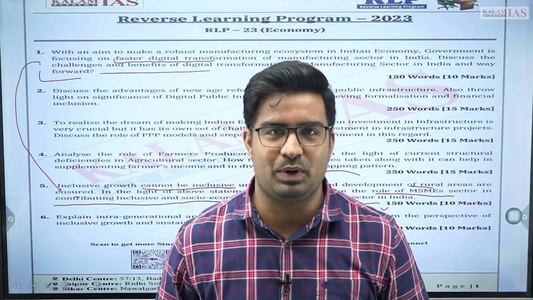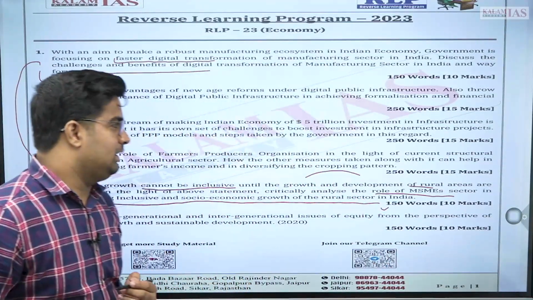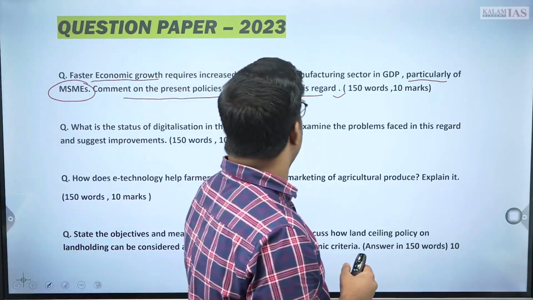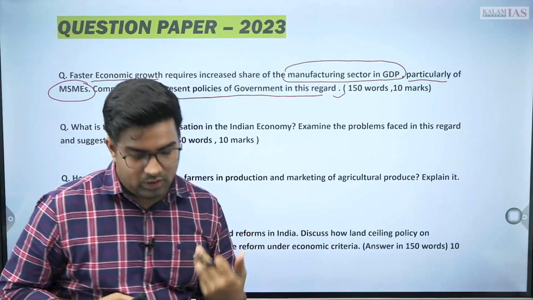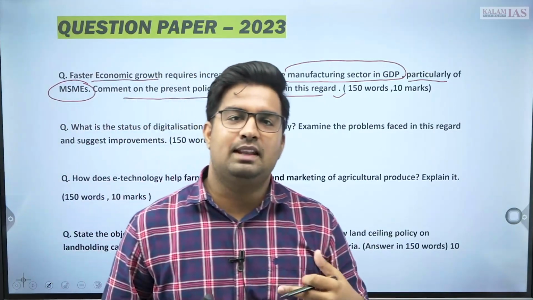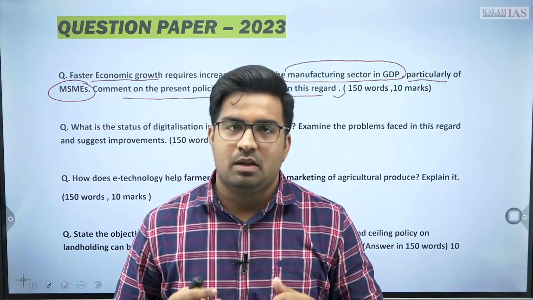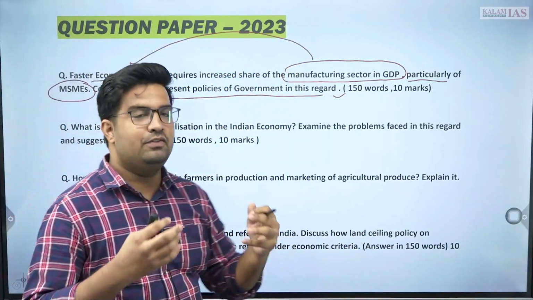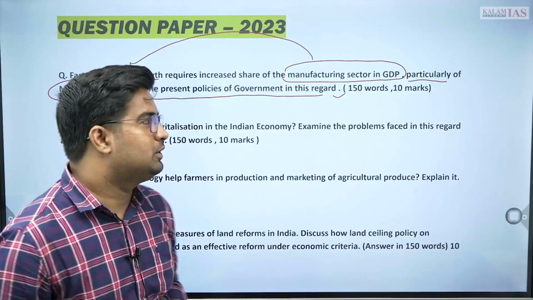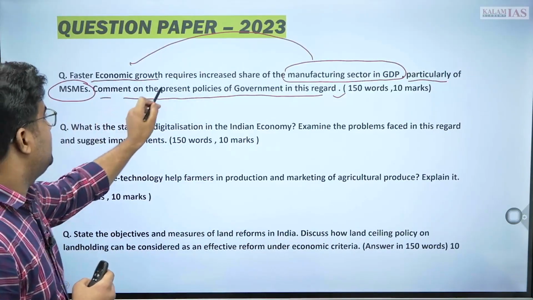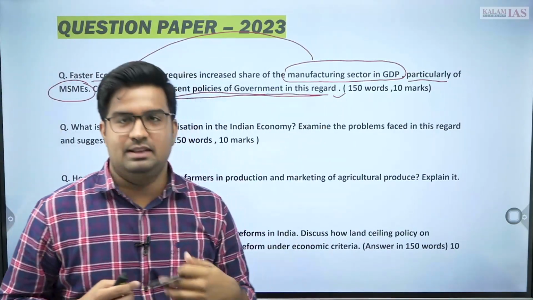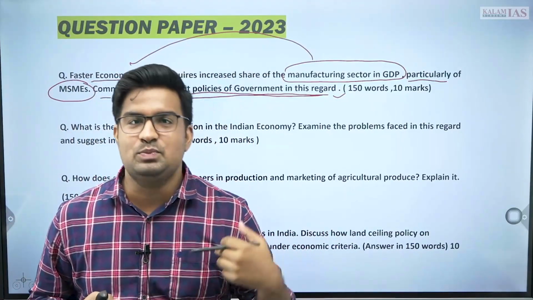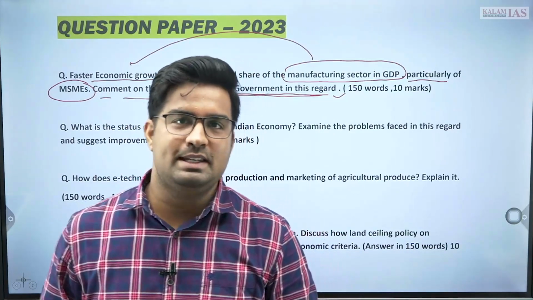Most of the aspects I have covered in our discussion part. If I go back to this question, first you need to talk about the contribution of manufacturing sector in GDP and the expected potential it has. Then connect how it relates to faster economic growth, and post that answer about the different policies which government has made in this regard, especially with digitalization: the PLI schemes, the new manufacturing policies and other aspects.